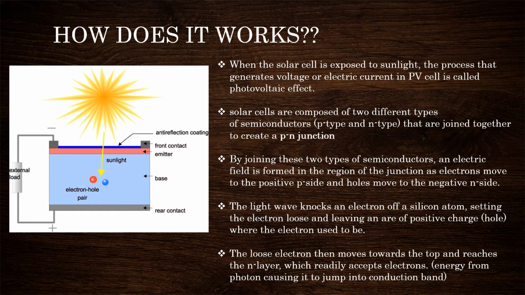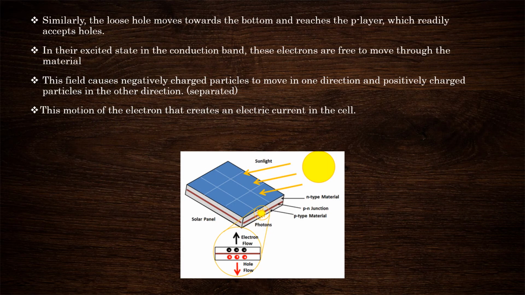This happens because the energy from the photon causes it to jump into the conduction band. Similarly, the loose hole moves toward the bottom and reaches the p-type layer, which readily accepts holes. In the excited state in the conduction band, these electrons are free to move through the material.